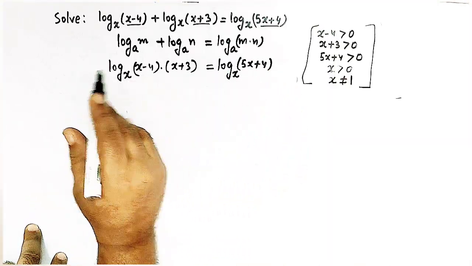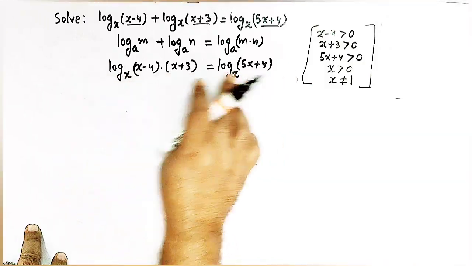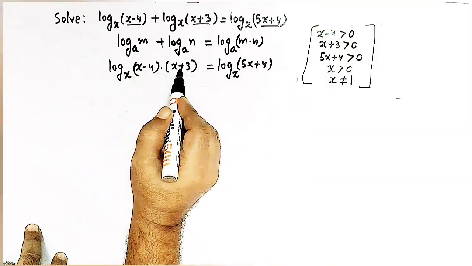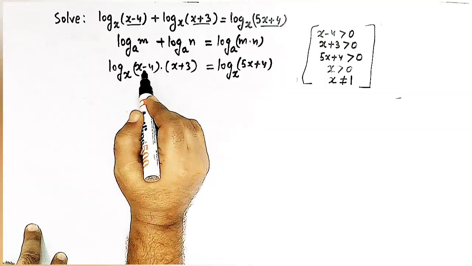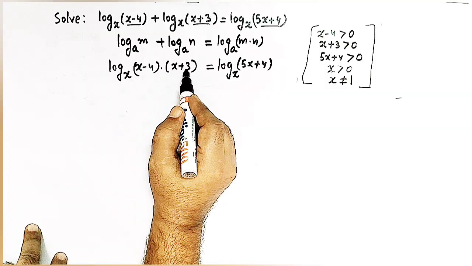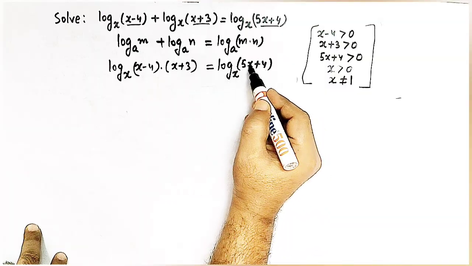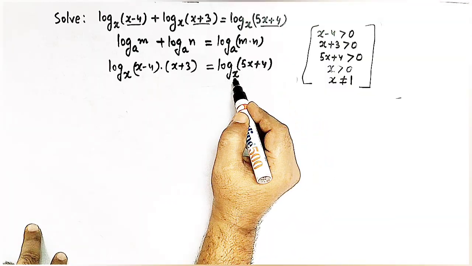Okay, so now we can compare both these sides. So here we have logarithm of the product of these two binomials, x minus 4 and x plus 3 to the base x, and here we have a logarithm of 5x plus 4 to the base x.